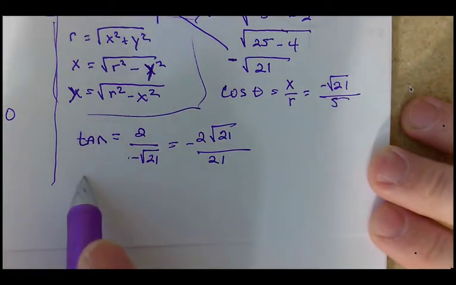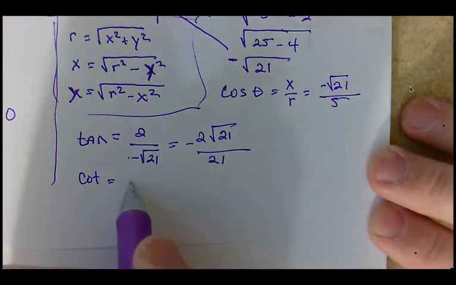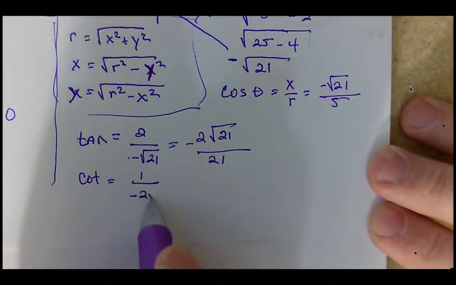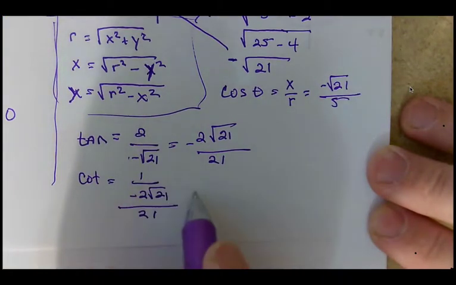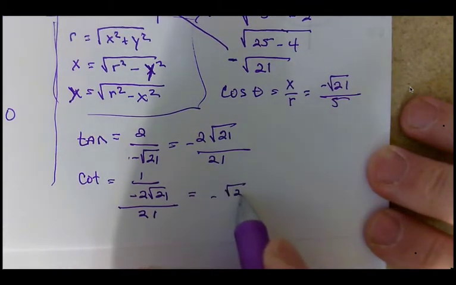We have cotangent, which is equal to 1 over negative 2 square root of 21 over 21. Again, this is equal to the negative square root of 21 over 2.